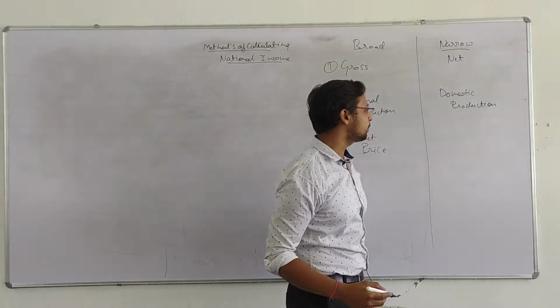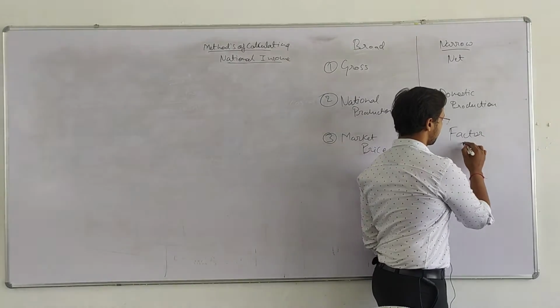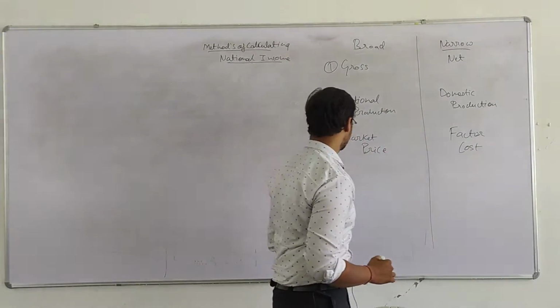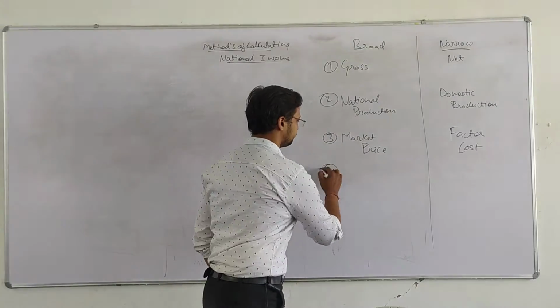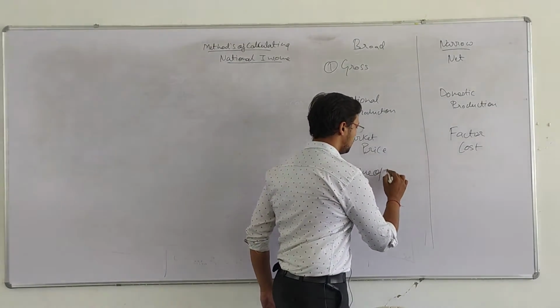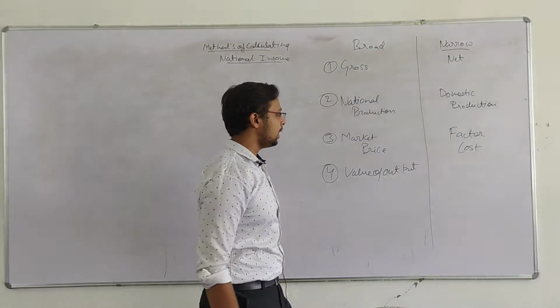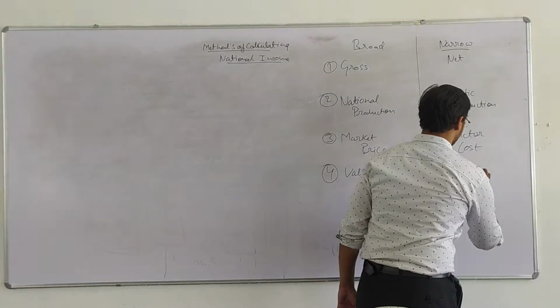The narrow one for market price was factor cost. The fourth one was value of output, and the other was value added.